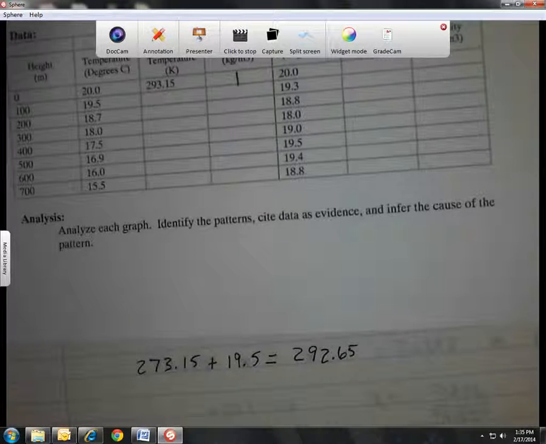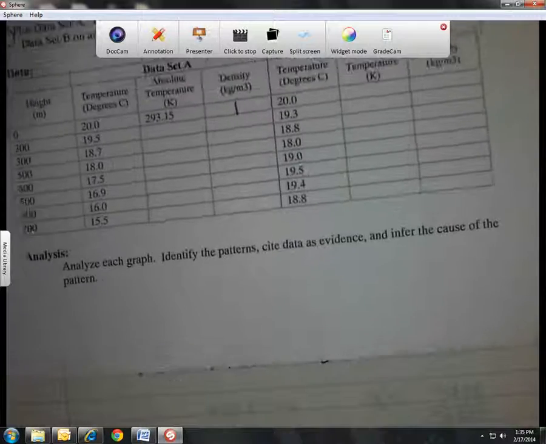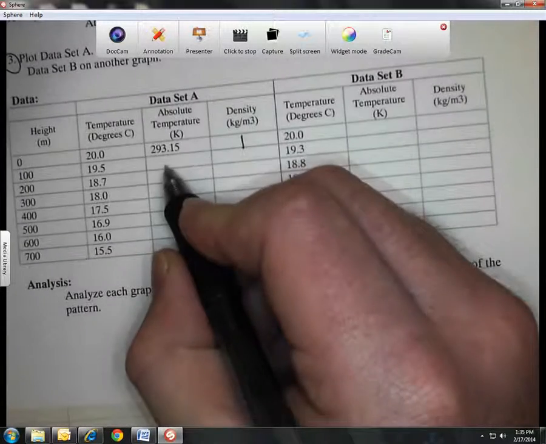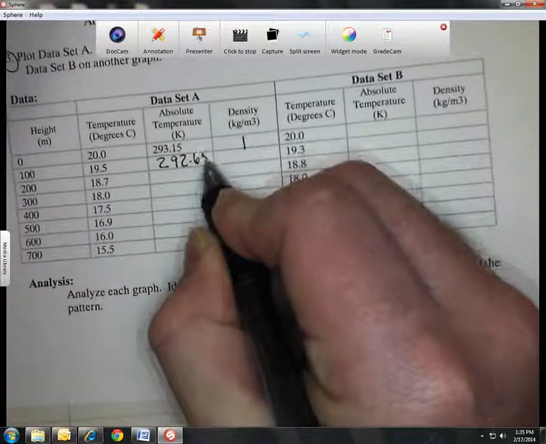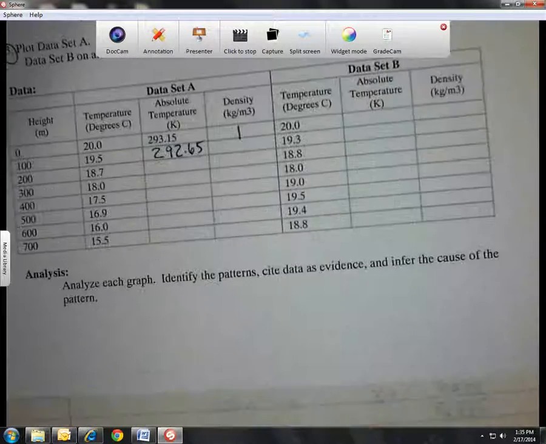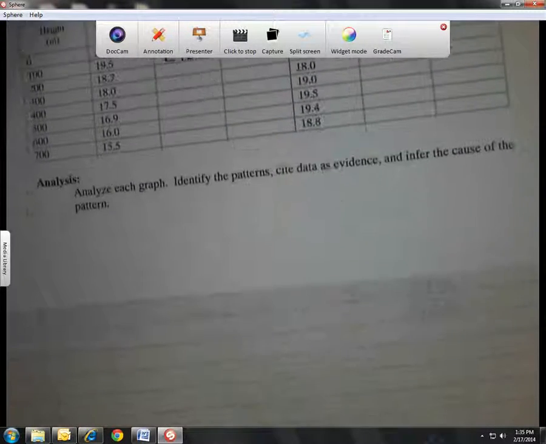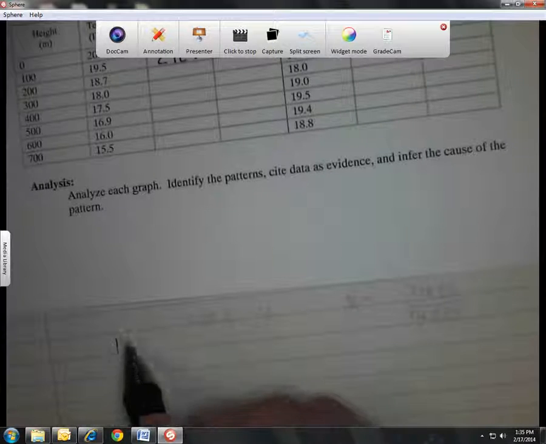Okay, so that should go in our temperature here of 292.65. And then we want to solve for density. So once again, we know that our density at ground level is 1. We're going to multiply that times our temperature at ground level, which we've already figured out is 293.15.